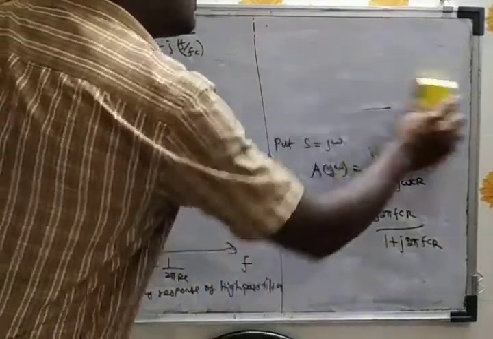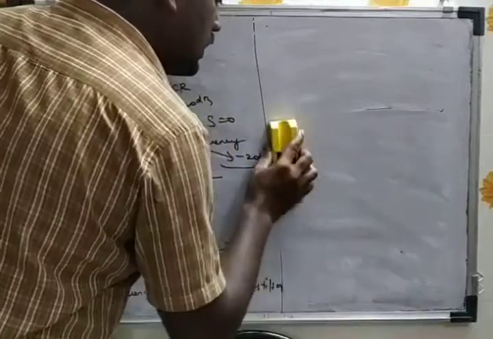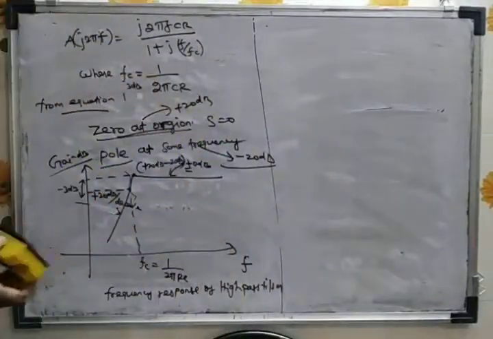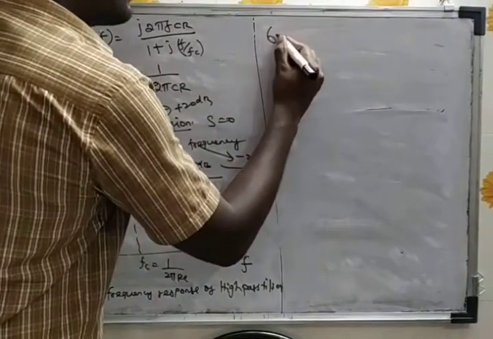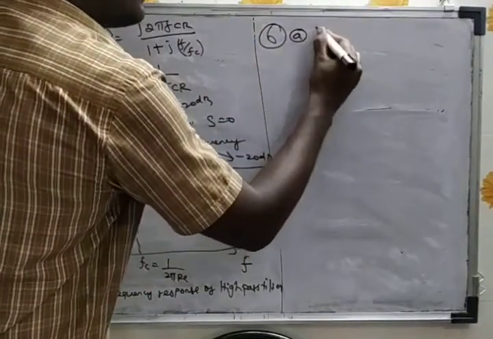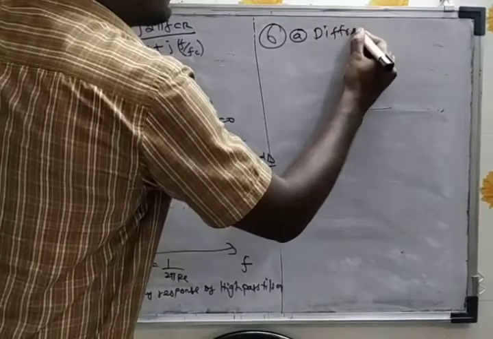Now we are going to see the differentiator circuit. 6a, differentiator.